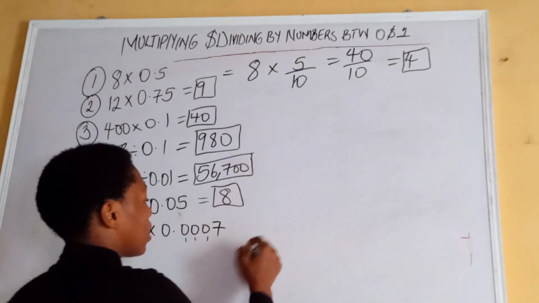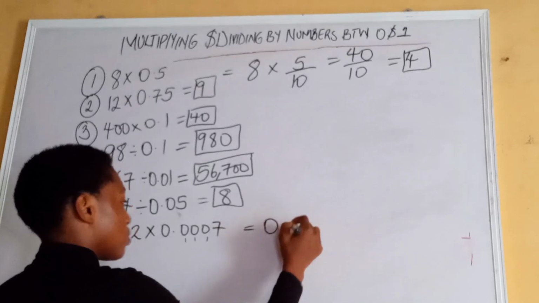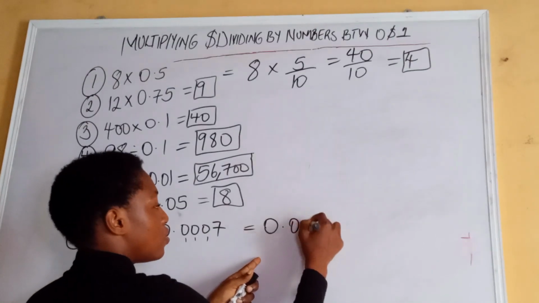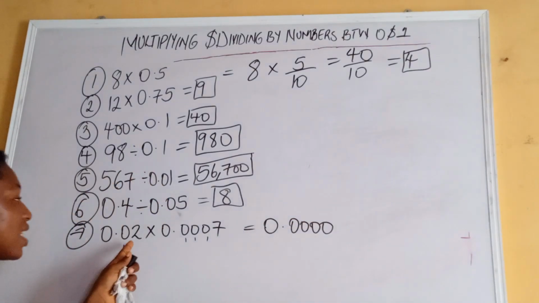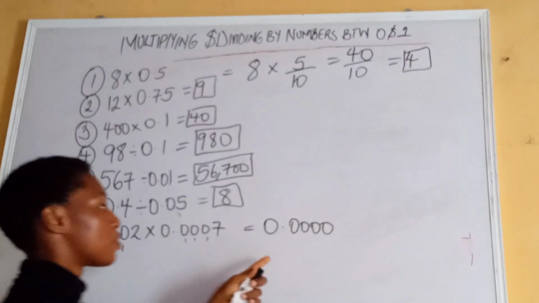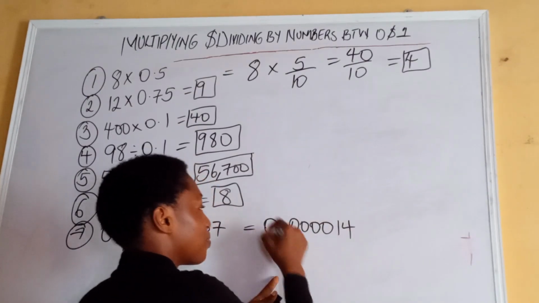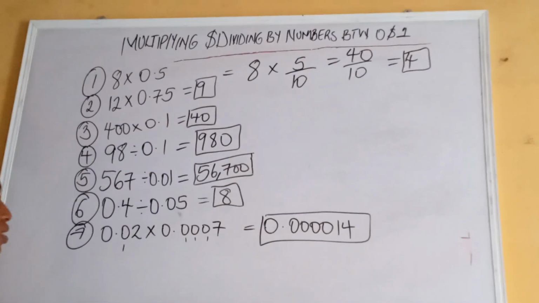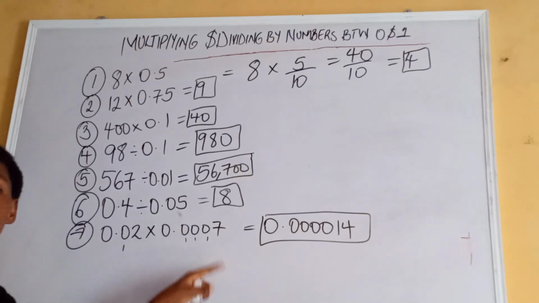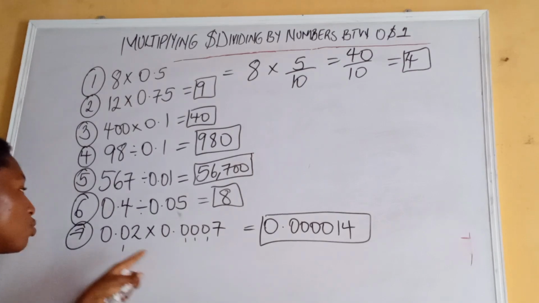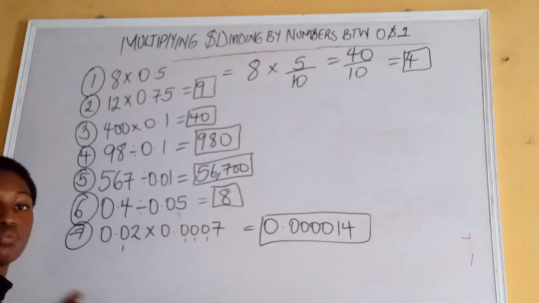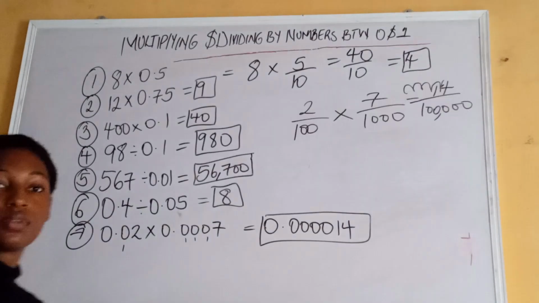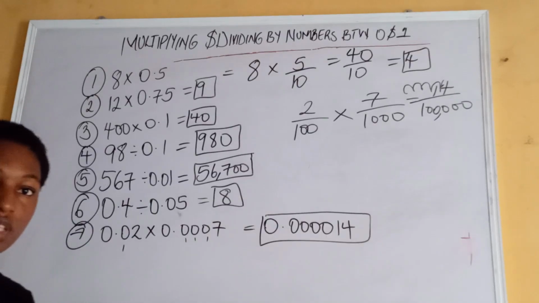So this will become 0.0000 and then 2 times 7, that's 14. So I counted the zeros immediately after the decimal. This is 1 here, and this is 1, 2, 3, making 4. And then you multiply 7 times 2, 14. You get your answer. That's how to work it out.